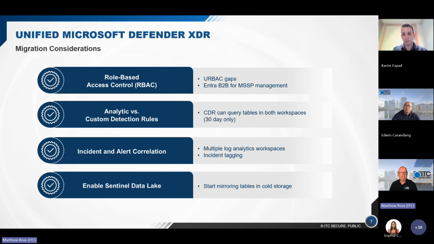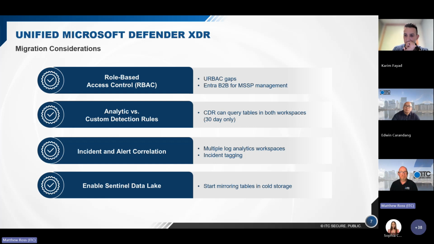Sticking with the correlation engine, it's only the primary Sentinel workspace that's used for correlation with XDR events. So if you've got multiple Sentinel workspaces, it's only the primary one that's used for correlation at this time. And then finally, if you're using automation rules, the incident provider condition property is removed.